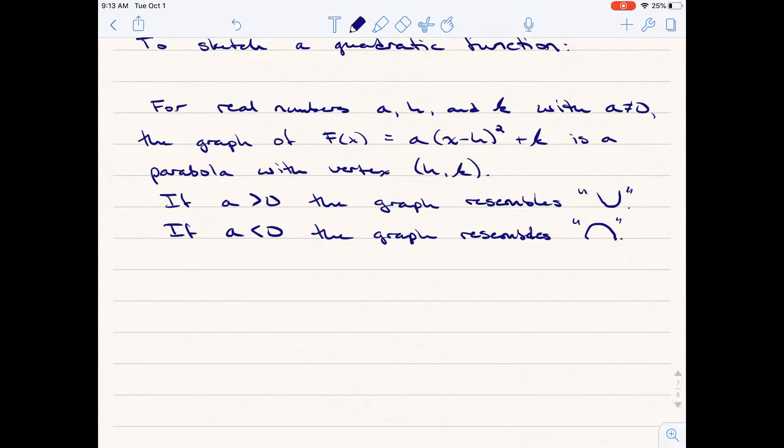And same deal, right? The axis of symmetry is going to be at x equals h. So where they mirror each other is at the x value of the vertex.